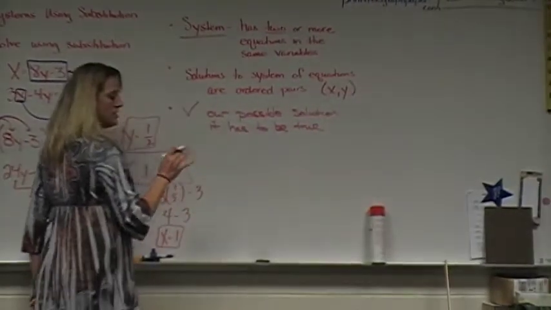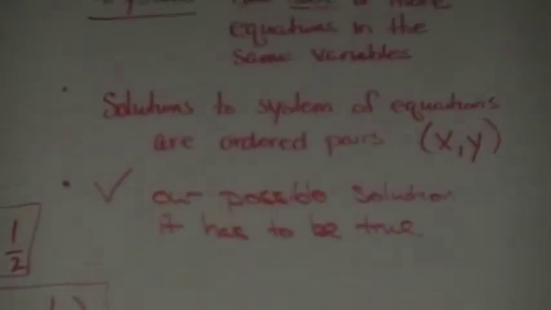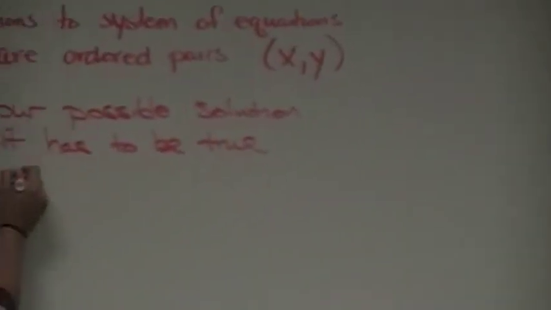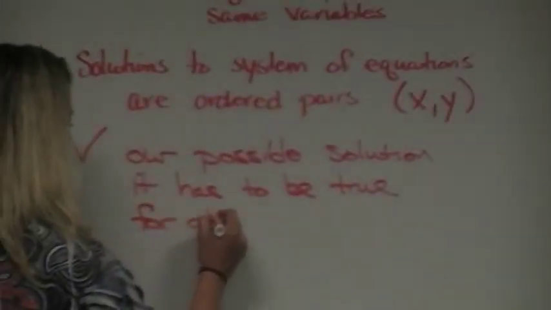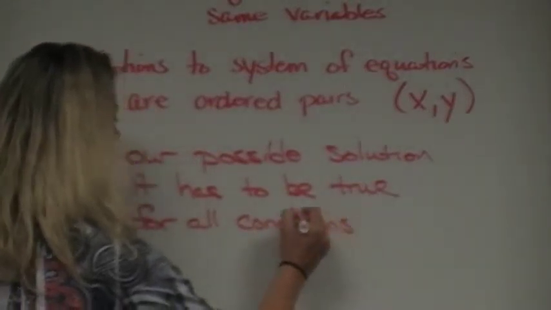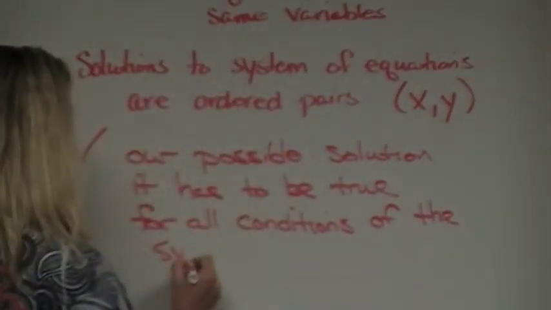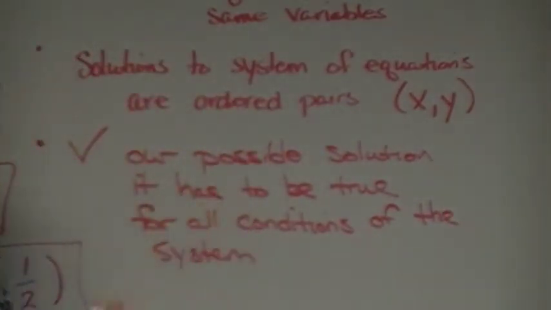This is actually the wording I want you to use. It has to be true for all conditions of the system. Which means, guys, it has to fit for both equations, is really what it's saying.